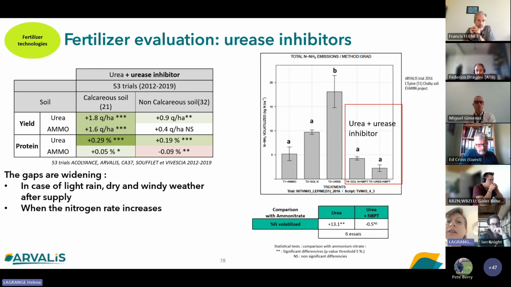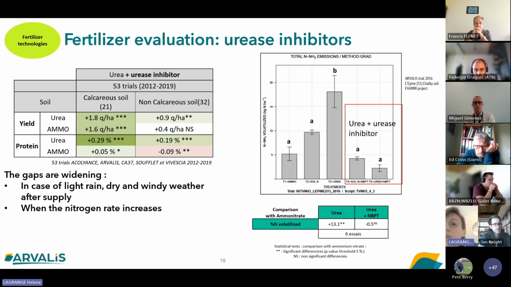So you can see here the results regarding the yield and the protein content on wheat. And you can see that you have benefit to use the inhibitor. And this is thanks to its effects on volatilization. You have here results on one trial in the graph and the mean of several trials in the table behind.